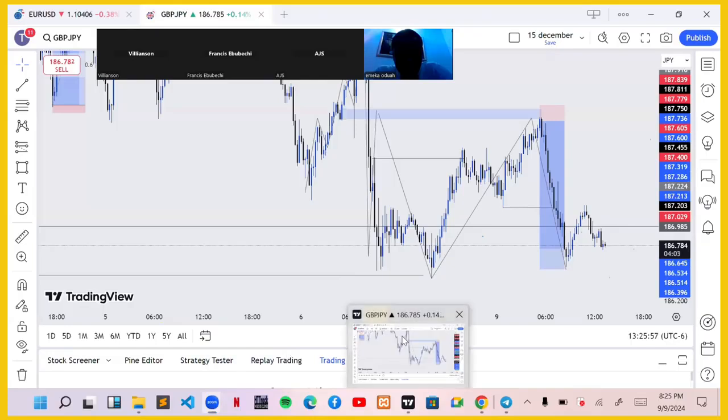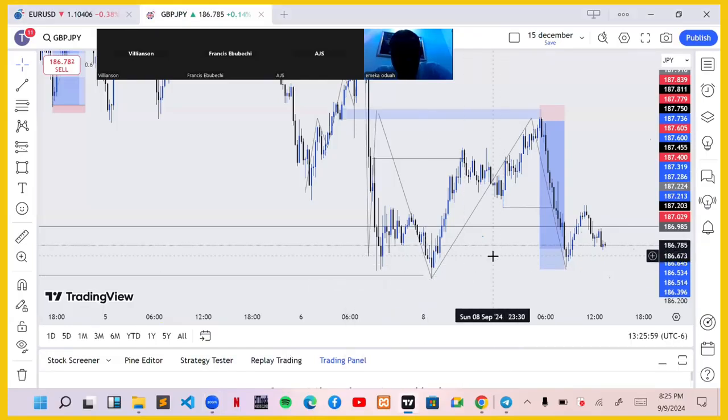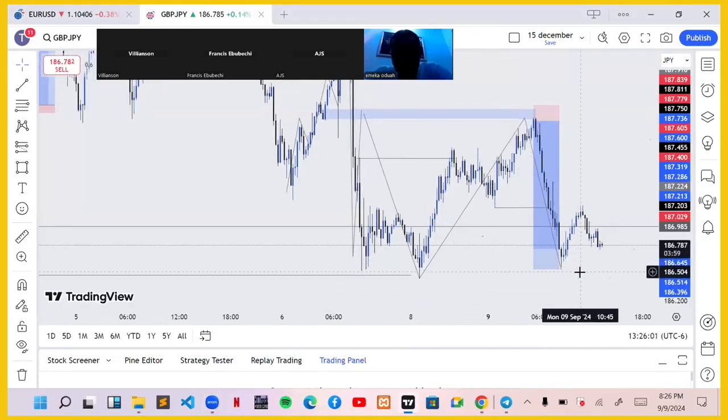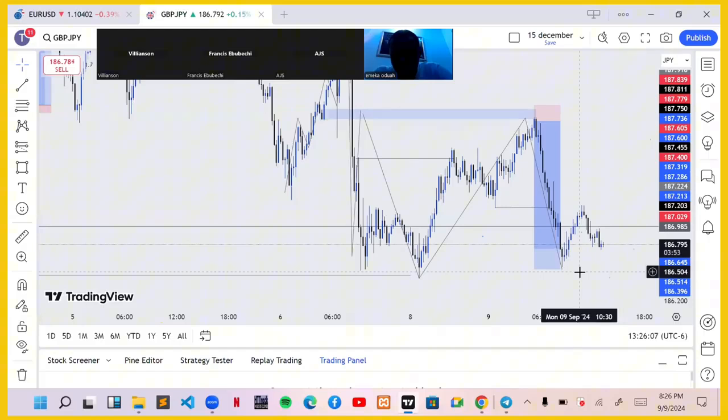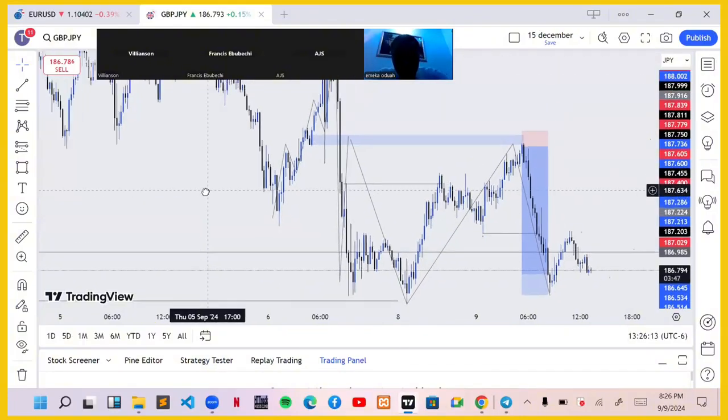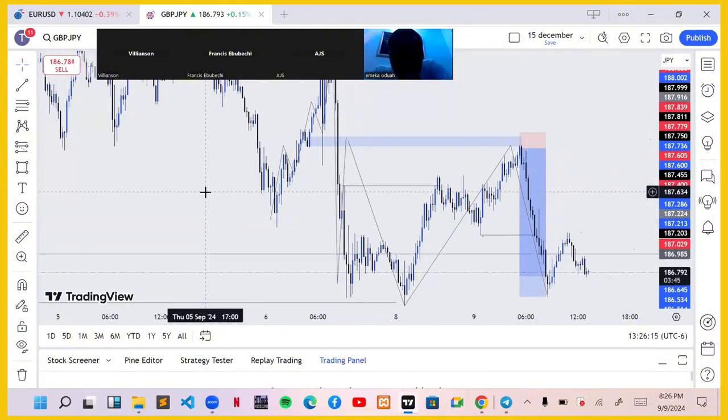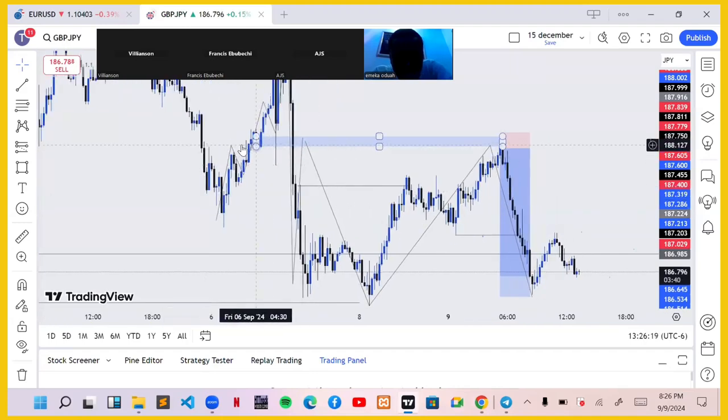So first thing first, I want to ask something about your use of breaker blocks. Does the breaker block have to be from the external side of the liquidity, like you showed on GBP JPY, from the other side where it's returned? Look at where you marked out your breaker block. Usually this is what I do.